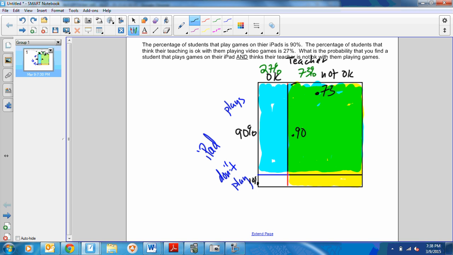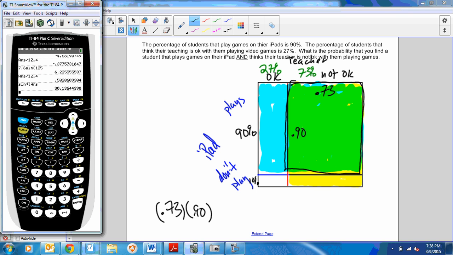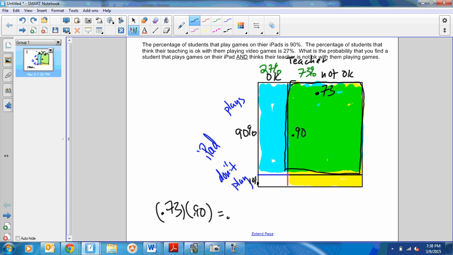Now to find the area of a rectangle that has that overlap, it's going to be just length times width. So if I take that 0.73, multiply it by 0.90, let's check that out. 0.73 times 0.9. The probability of both of these happening was 0.657.